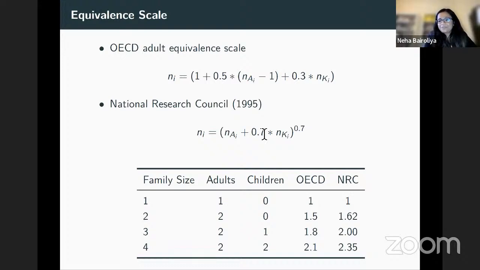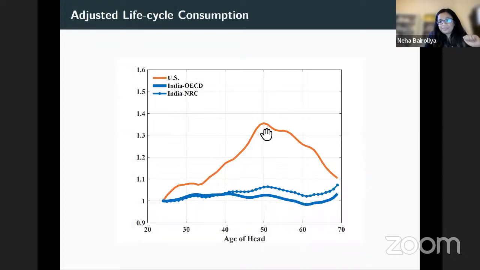Let's look at the profiles once we do the adjustment. So we do the adjustment, we re-estimate, again, using non-parametric estimation techniques for age. So this is the adjusted consumption expenditure growth for both US and India. We find that once you adjust for family size, there's a significant decline in growth for US households, from all the way to 50%, now it's about 35% growth in consumption expenditures.